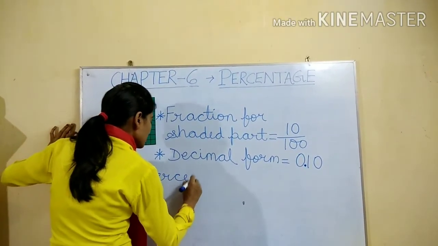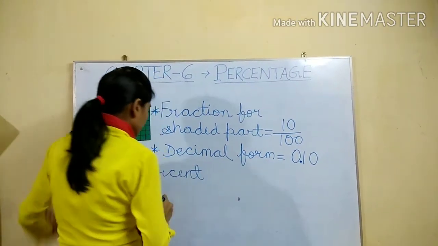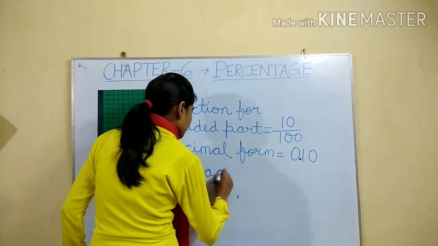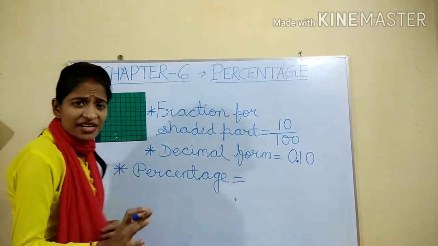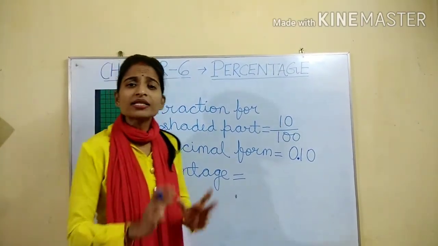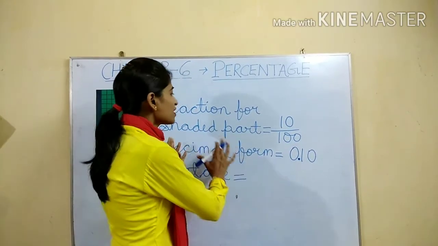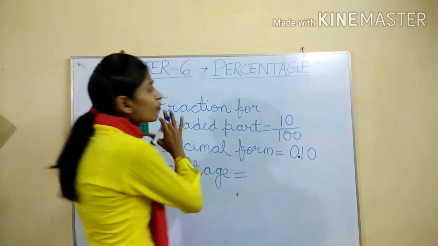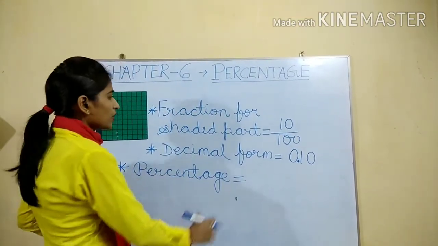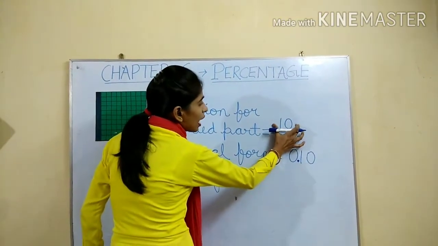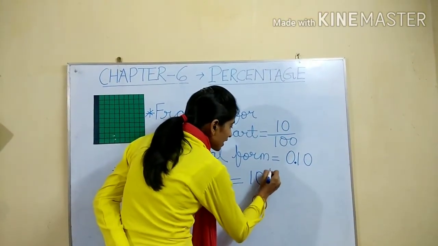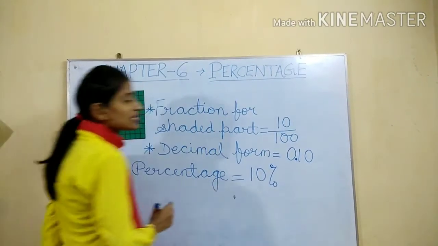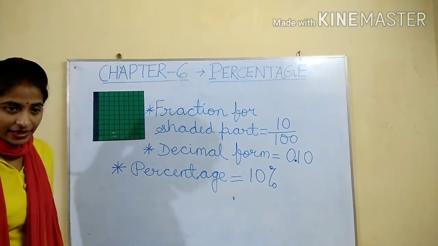Now percentage. How can we represent this in percent form? Look here. What I have explained, percentage means a fraction which represents out of 100. Out of 100, how many parts are shaded here? 10. So we can say 10% part is shaded.